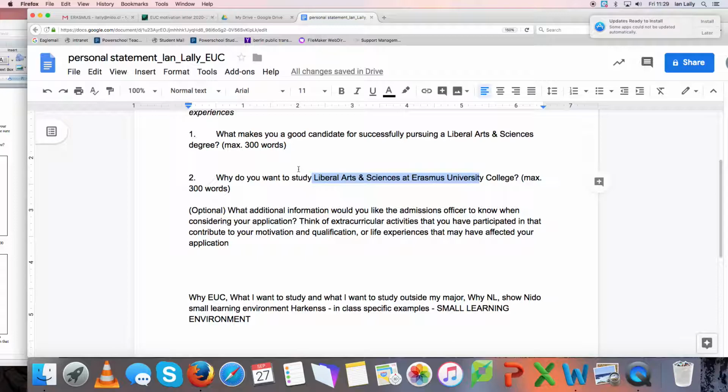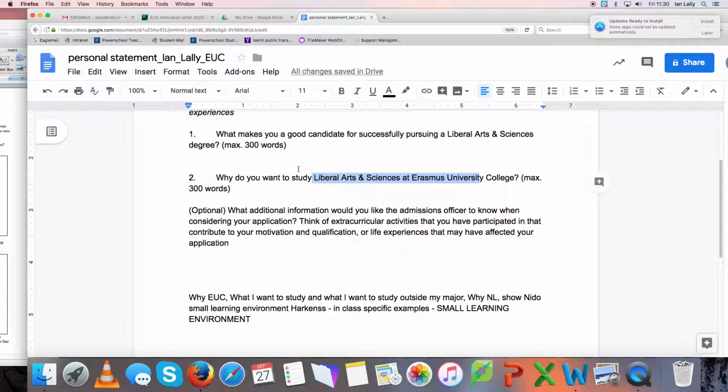And showing rather than telling. So showing yourself at an international competition with 2 seconds left on the clock, speaking 3 languages to communicate with your teammates, that shows your internationalism. That shows how you're collaborating, solving problems on the basketball court, just like you're going to do in the EUC classroom.